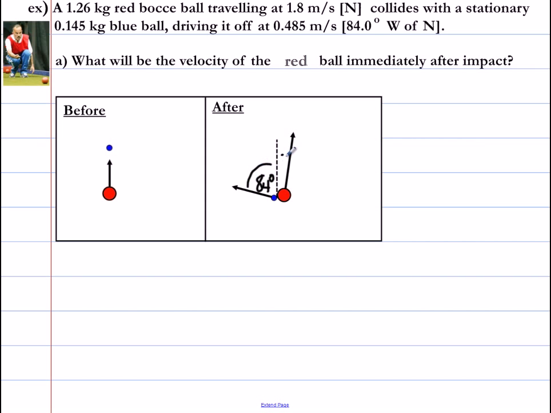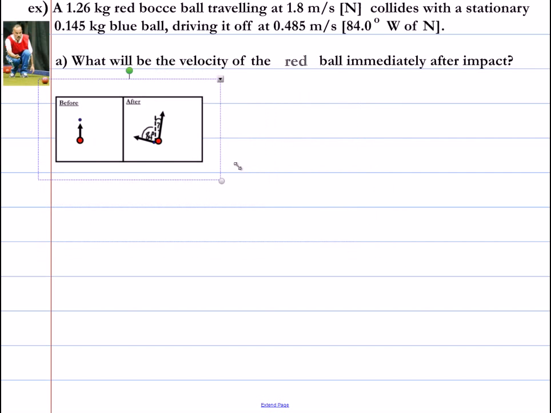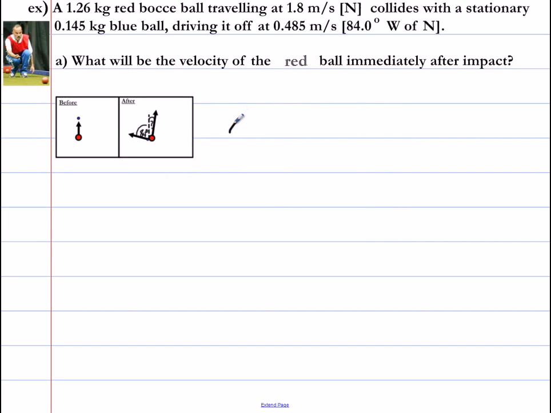So there's the 84 degrees west of north, and that direction is part of the velocity calculation of the red ball. Because this is a 2-dimensional momentum question, we're going to need to deal with the x components and the y components separately. So starting with the x components, the initial x momentum is 0.